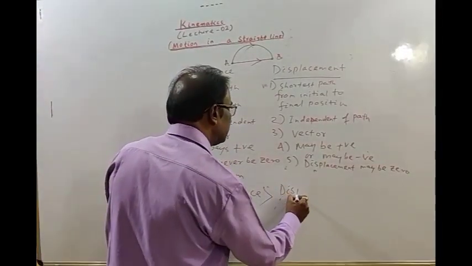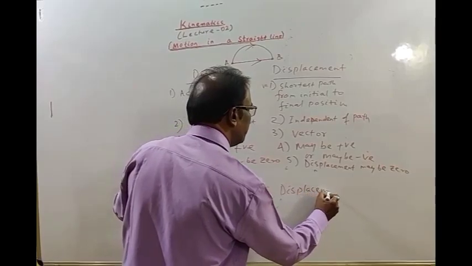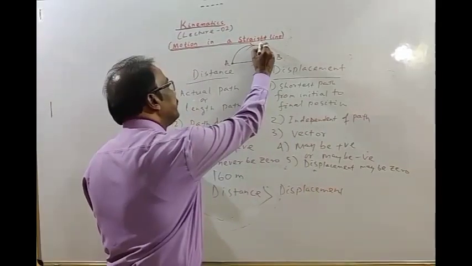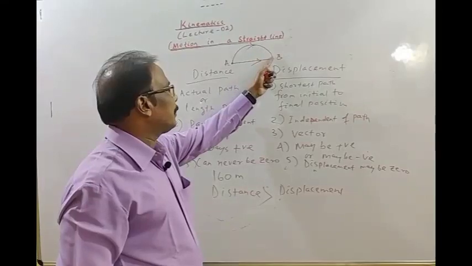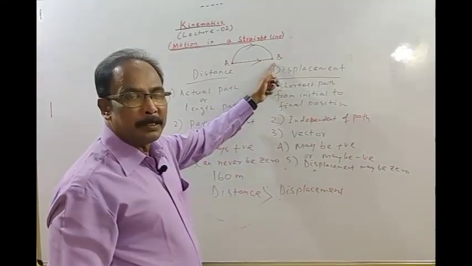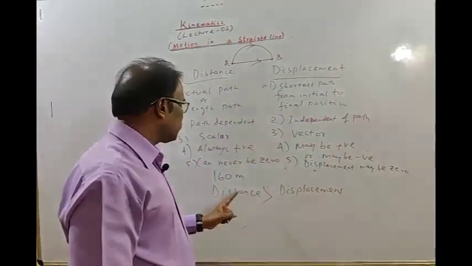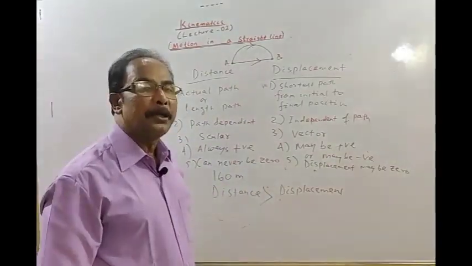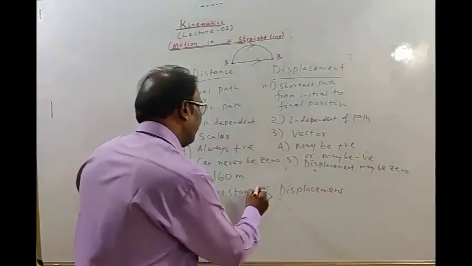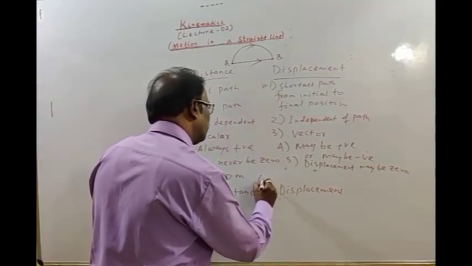Okay. Distance is more than the magnitude of displacement if a body moves along a curved path, because this is the actual path. And this is displacement, means shortest path. So the actual path is more than the shortest path, means distance is more than the magnitude of displacement if a body moves along a curved path.